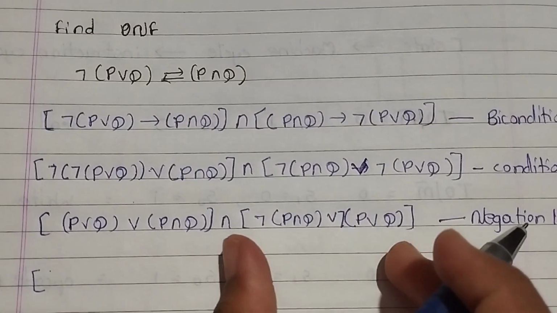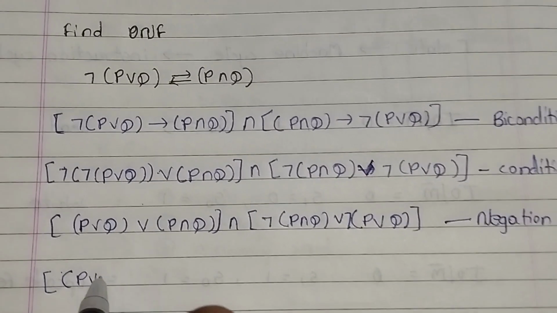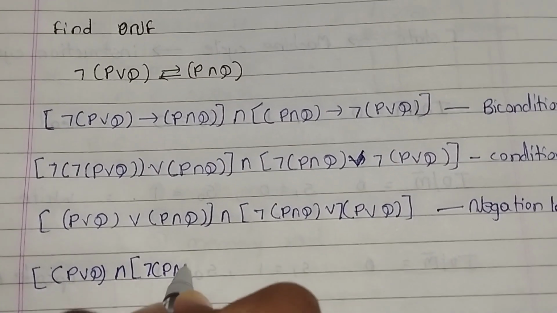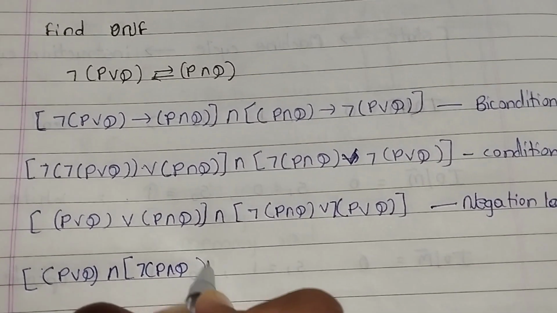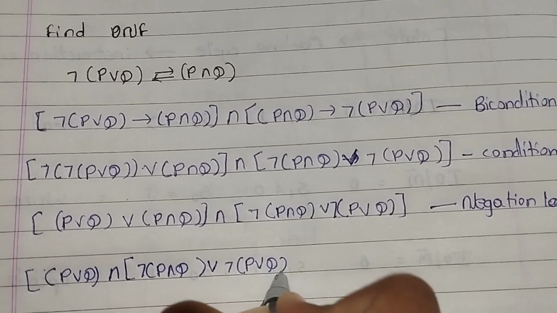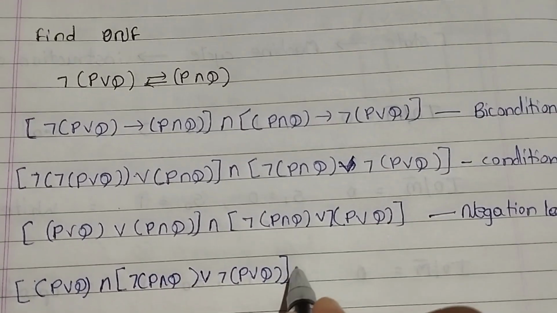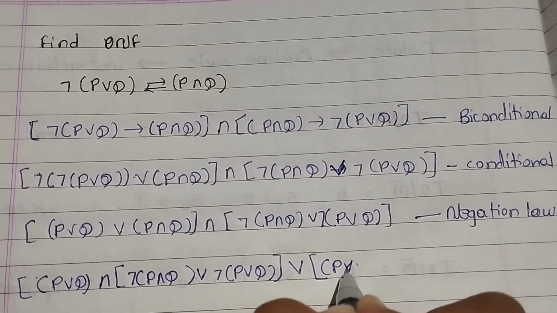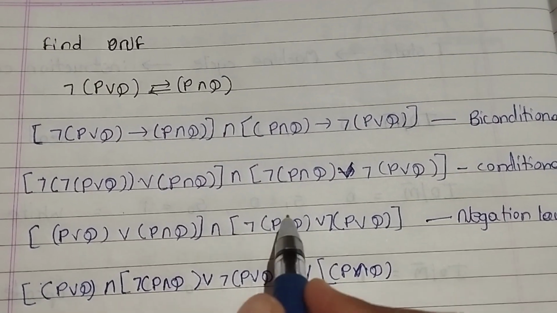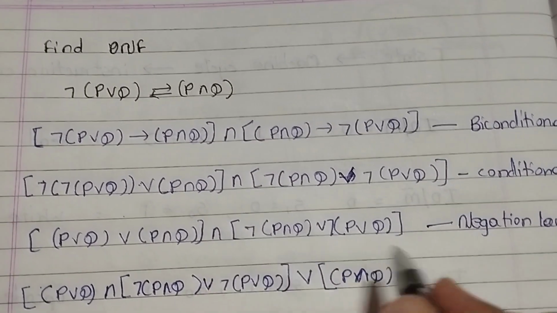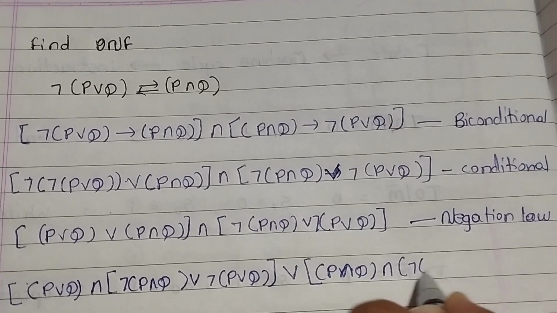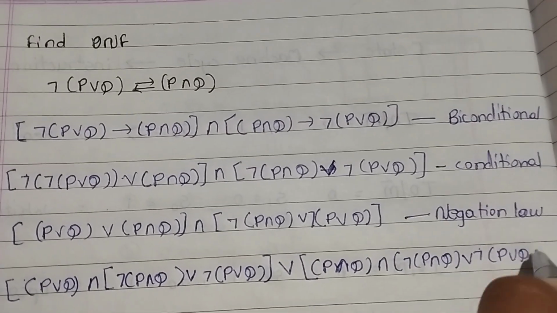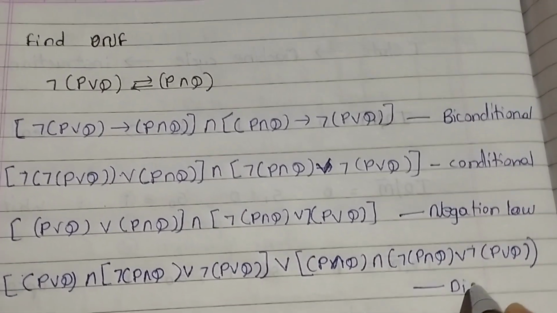The first variable with the whole equation, so P or Q, and the whole equation, this negation P or Q, or negation P or Q. This or again P and Q, this second variable with this whole equation, and negation P and Q, negation P or Q. Here we use the distributive law.